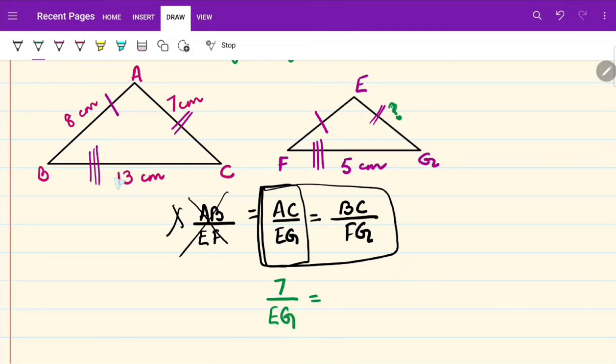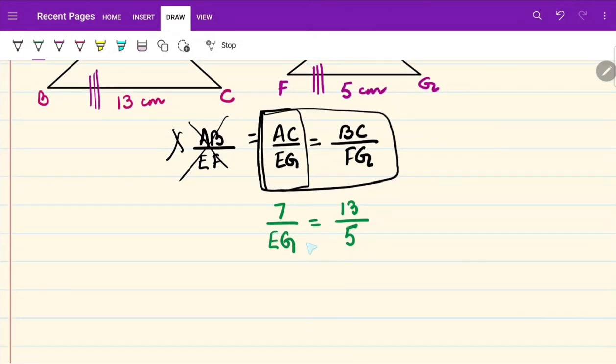And then we have BC, which is 13 centimeters, and then FG, in the denominator, the value of it is given, 5, correct? We can have only one unknown in an equation, and that's why we chose the two ratios which would have the values of all other sides except the one that is unknown, EG. So now we just have to solve for EG.